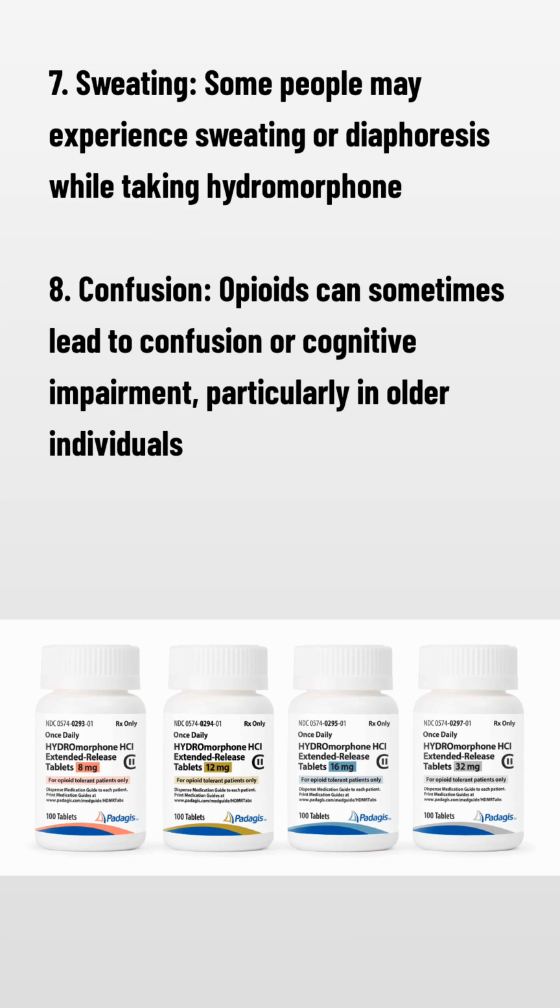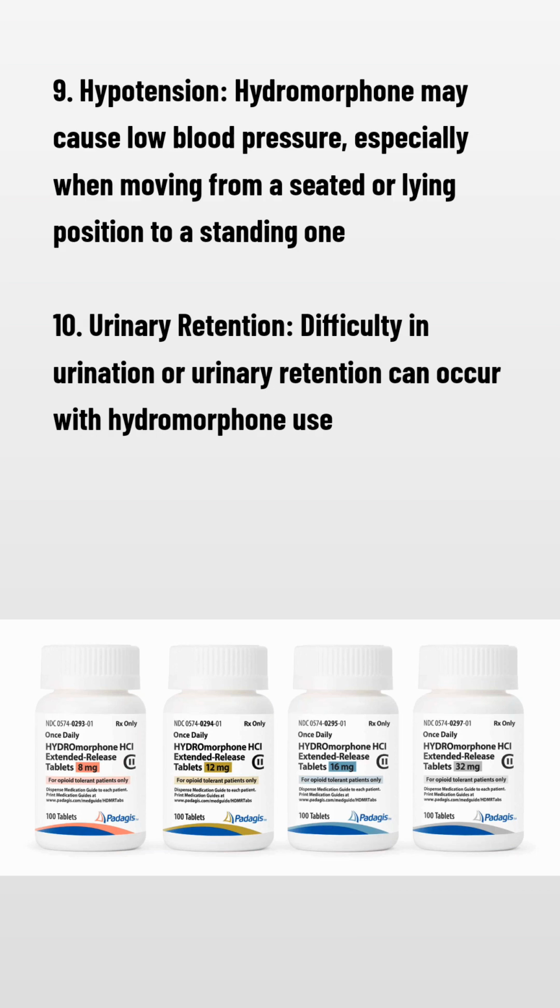7. Sweating. Some people may experience sweating or diaphoresis while taking hydromorphone. 8. Confusion. Opioids can sometimes lead to confusion or cognitive impairment, particularly in older individuals. 9. Hypotension. Hydromorphone may cause low blood pressure, especially when moving from a seated or lying position to a standing one. 10.